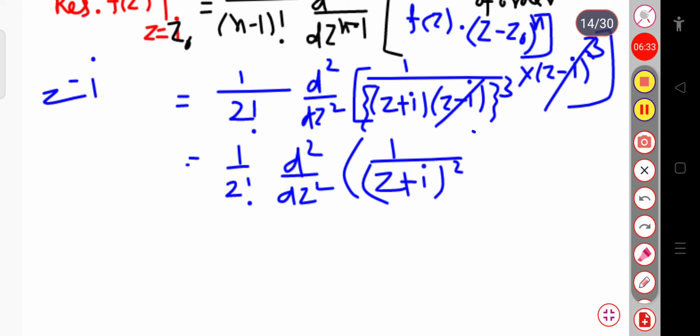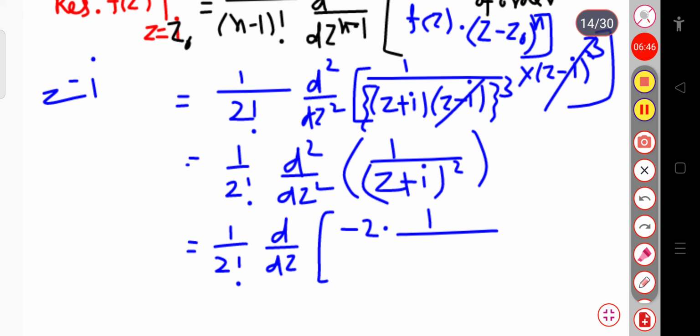And if I take the derivative of this one, first of all I take the first derivative, d/dz of 1/(z + i)², that will be −2 into 1/(z + i)³.